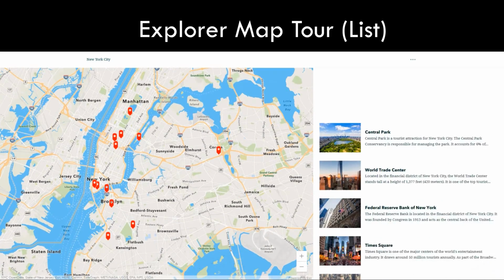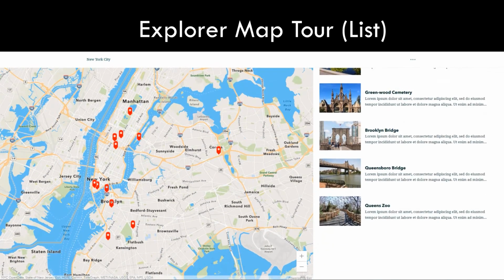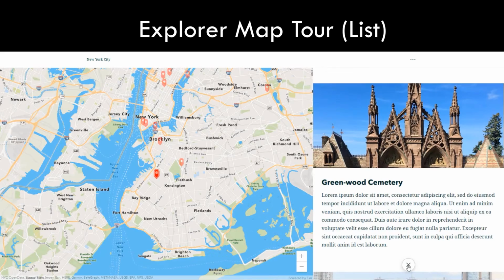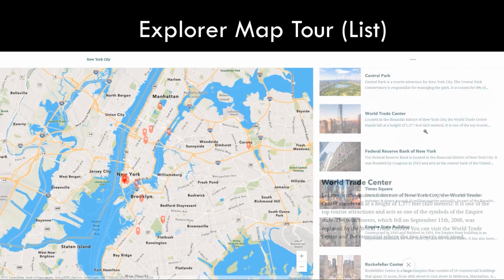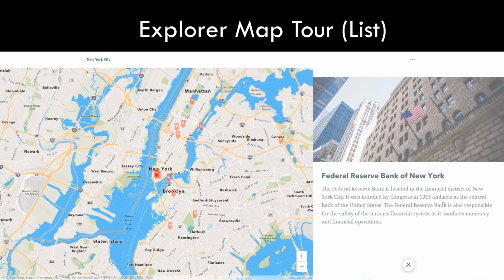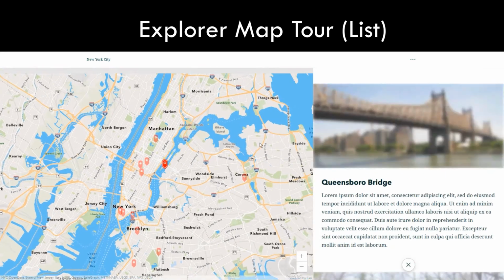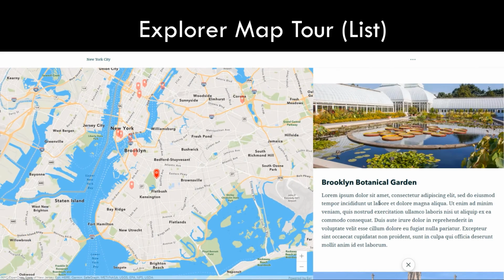Lastly, the Explorer Tour has 2 gallery layouts, gridded and a compact list, to discuss up to 100 locations on a map. Clicking the gallery thumbnails or a point on the map will cause the map to zoom into the location that shows the content that you're describing.